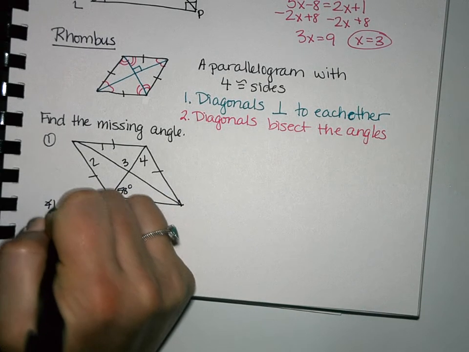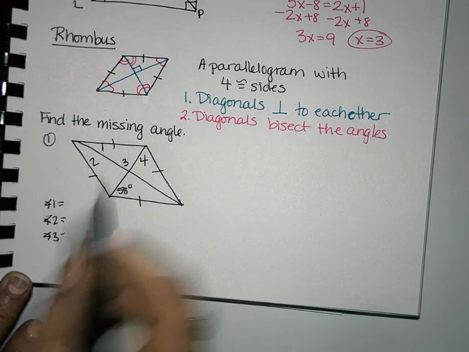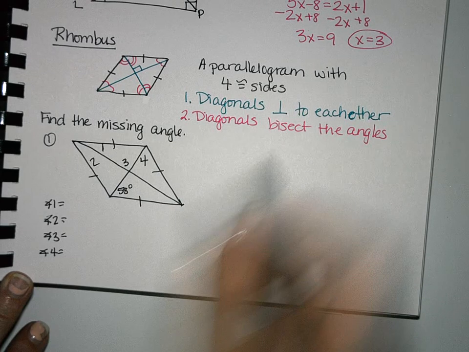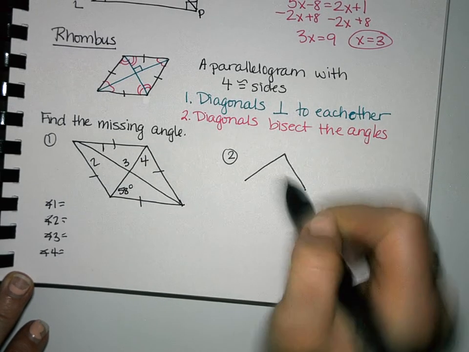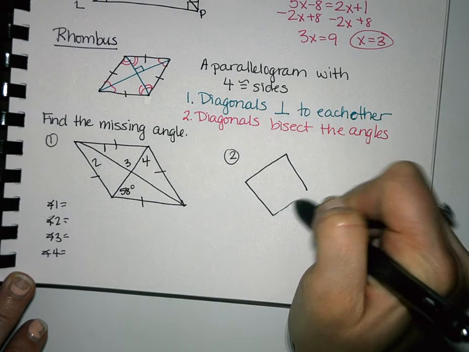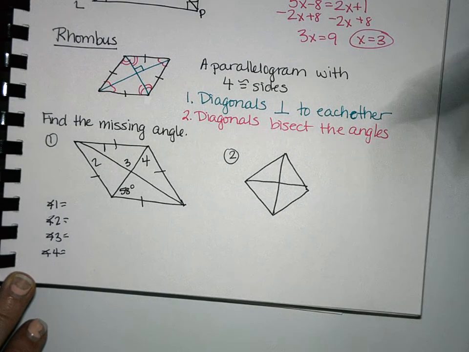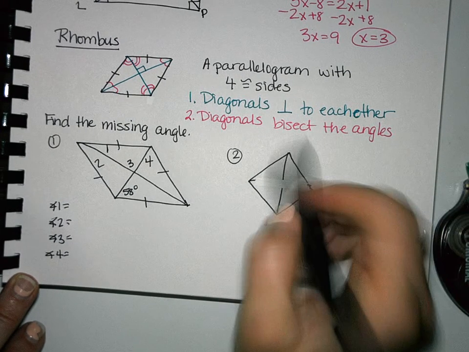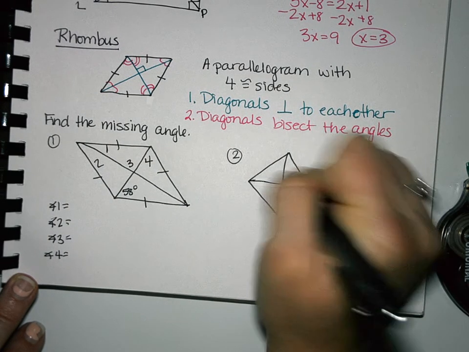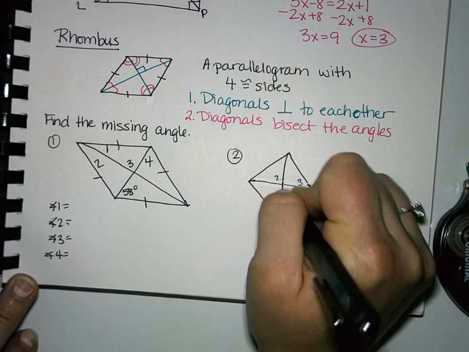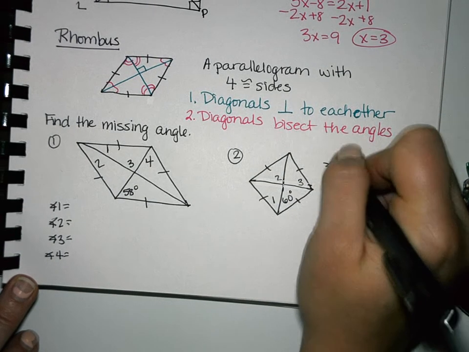We have angle 1, 2, 3, and 4. And then this is our second one, where we're going to find angles 1, 2, and 3.